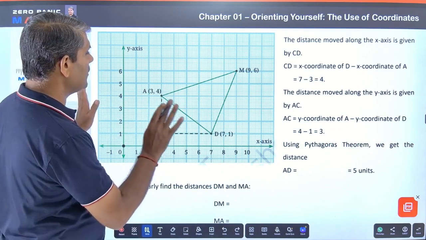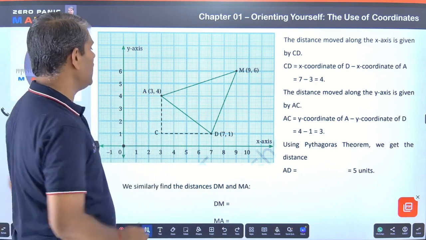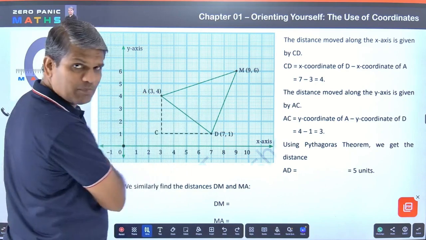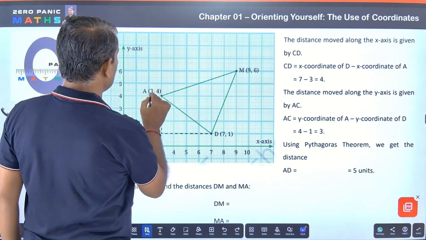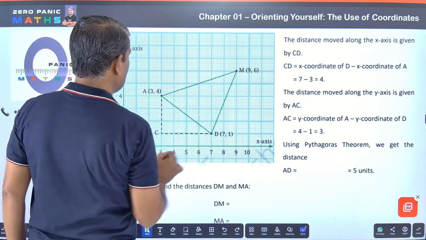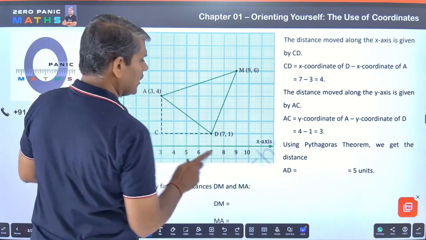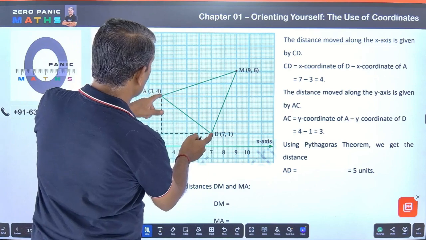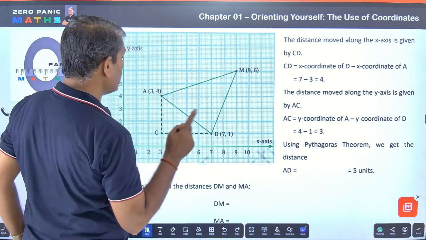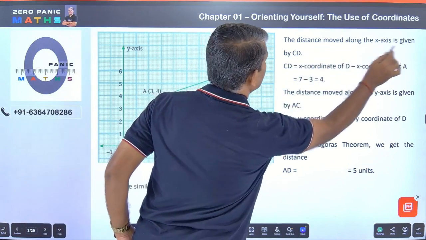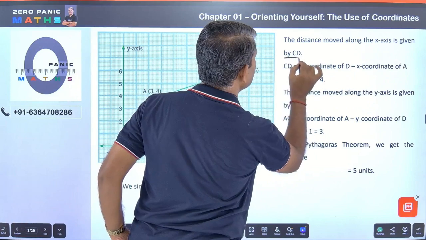You can see, just concentrate here. It is the same triangle that we saw in the previous slide, the triangle ADM. Now I am trying to find out the length of AD. For that, the distance moved along the x-axis is given by CD.